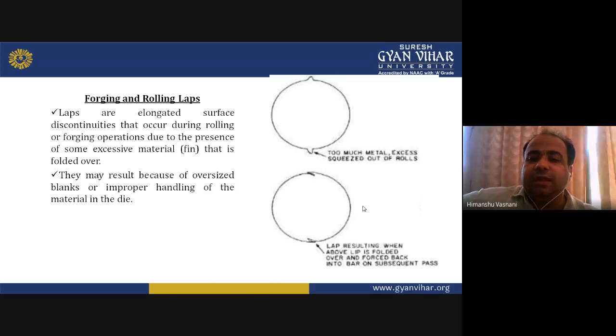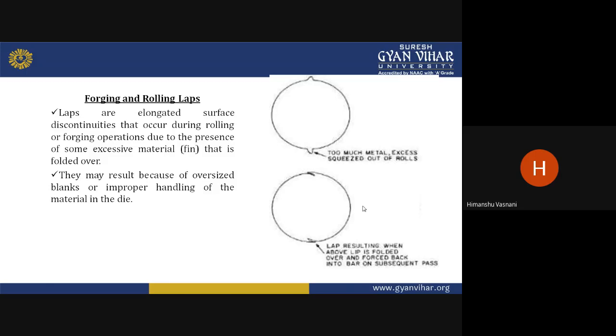Like in the bottom diagram, you can see the laps that were shown in the upper diagram. These are folded over, and due to folding, the material is forced inside the workpiece. So due to the forcing inside, there are some discontinuities that happen inside the workpiece also.